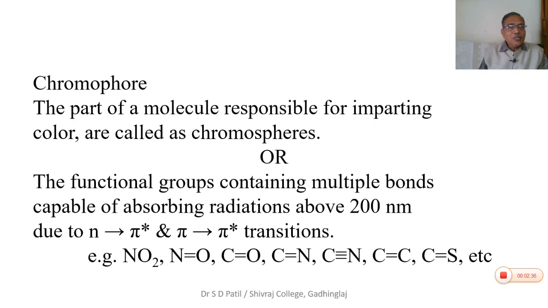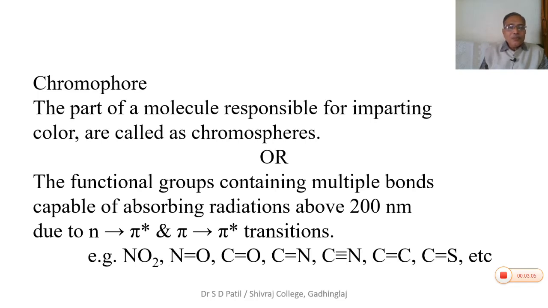In dyes also the same term is used. In dyes, the chromophore is the part of the molecule responsible for imparting color, or it is the functional group containing multiple bonds capable of absorbing radiations above 200 nanometers due to n to pi star and pi to pi star transitions.